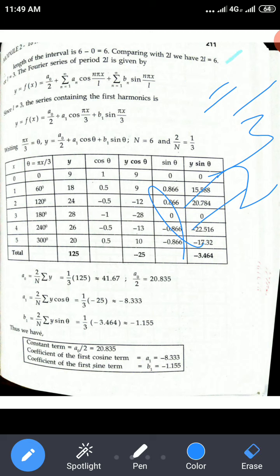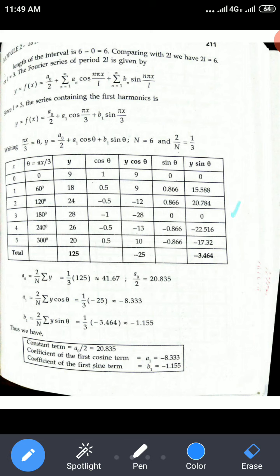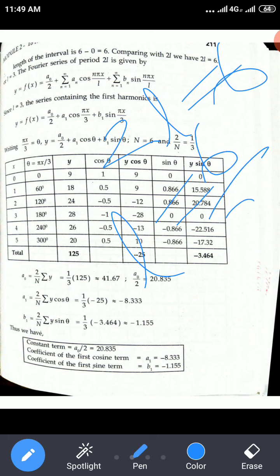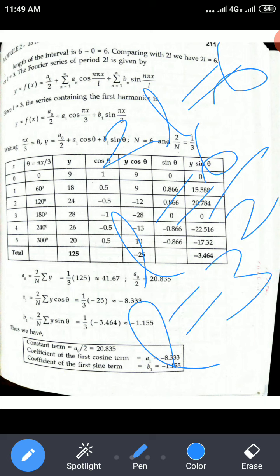So 2L is equal to 6, therefore L is equal to 6 divided by 2, L is equal to 3.